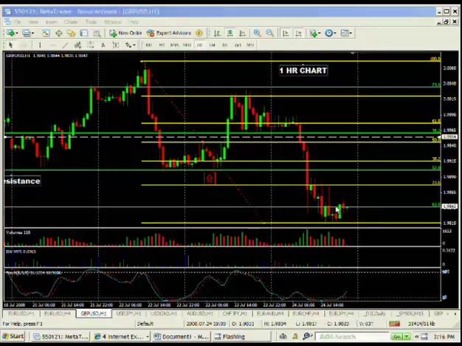Now where would our target be from here once we get a trigger to enter? Once again, we have this consolidation here, which is a prior low, and when we broke below it, we need to come back and test this level before we can continue down. Once we broke down below it, these bars never came back and tested it.